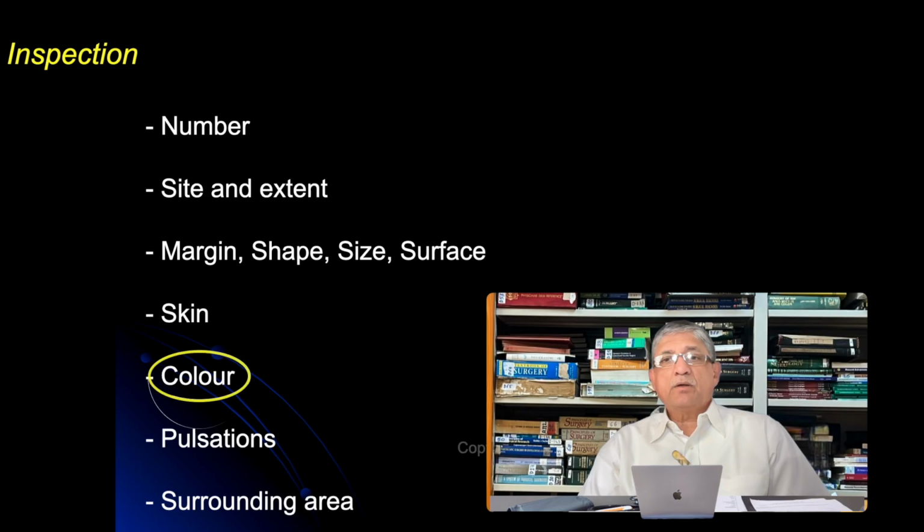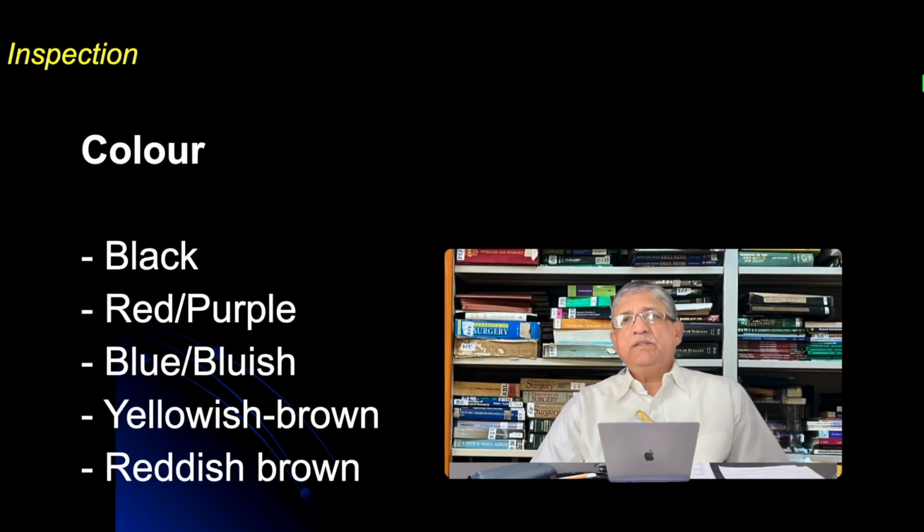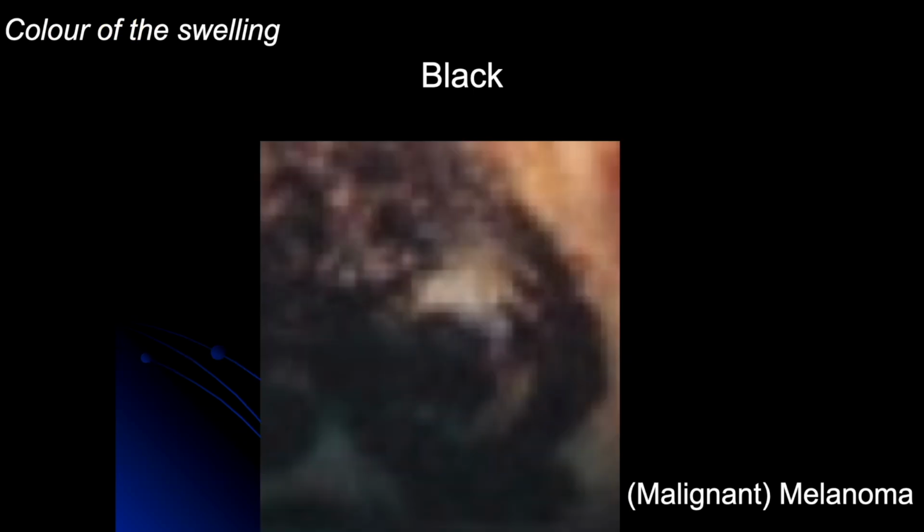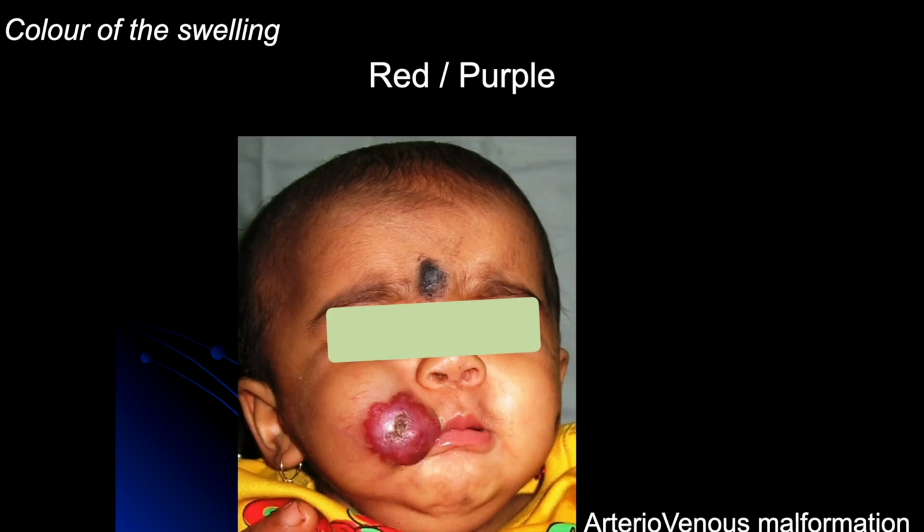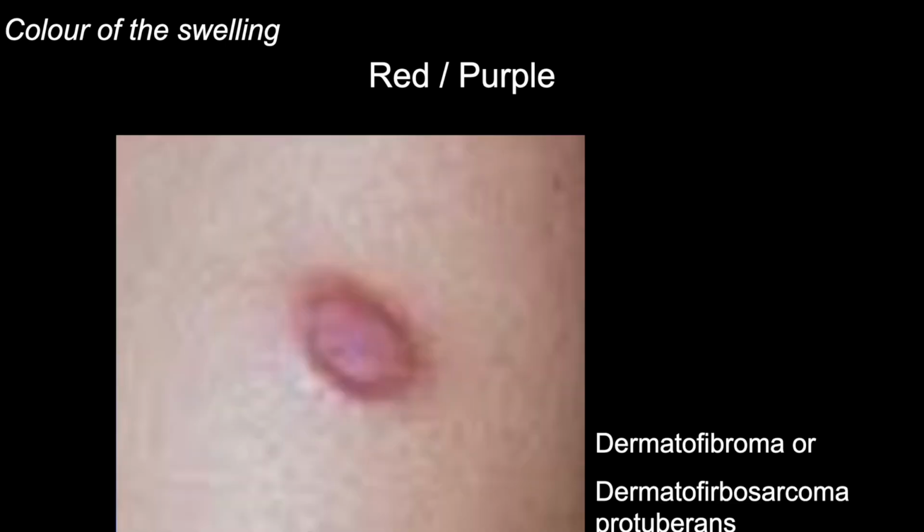A specific color of the swelling may suggest the diagnosis. Any of these colors, if present, will aid in the process of coming to diagnosis. Black color suggests possibility of melanoma, a highly aggressive malignant tumor of the skin. Red or purple colored swelling could be an arteriovenous malformation, dermatofibroma, or dermatofibrosarcoma protuberans.